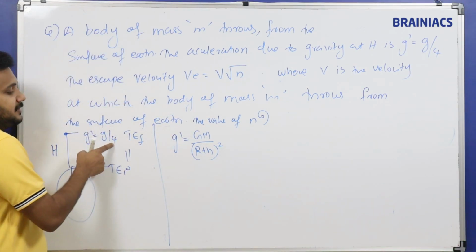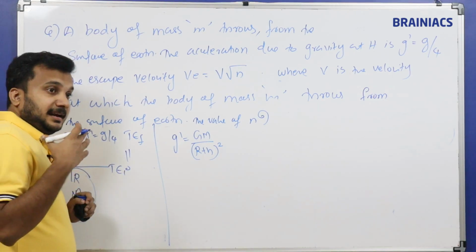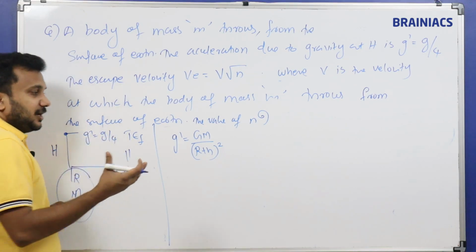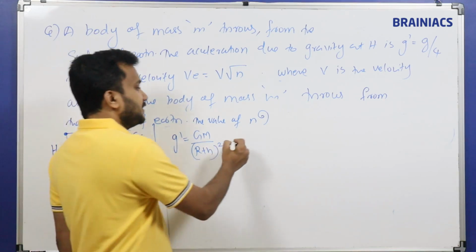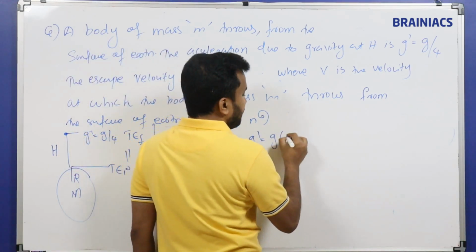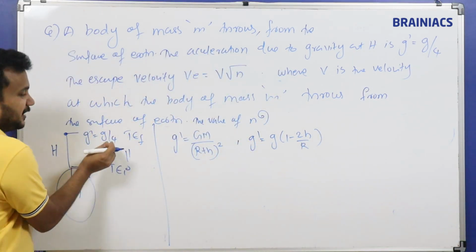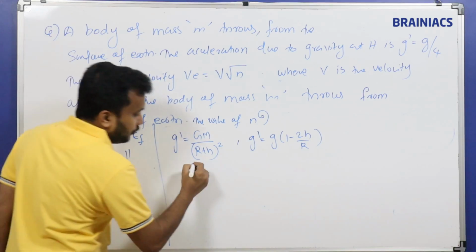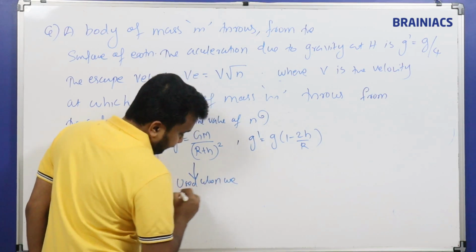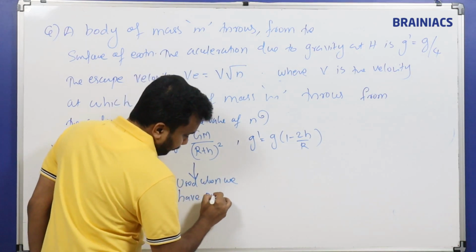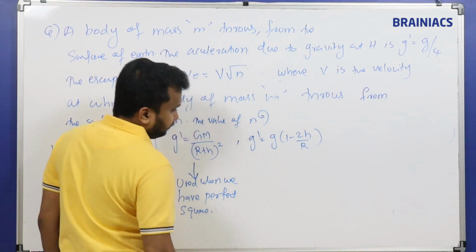I told you, if it is a perfect square number like 4, 9, 16, 25, such cases come, please use this square number on the right side. If such cases are not given, then use this equation, 1 minus 2h by r. This is used if it is not a perfect square number. This one is used when we have a perfect square, an easy shortcut to remember.